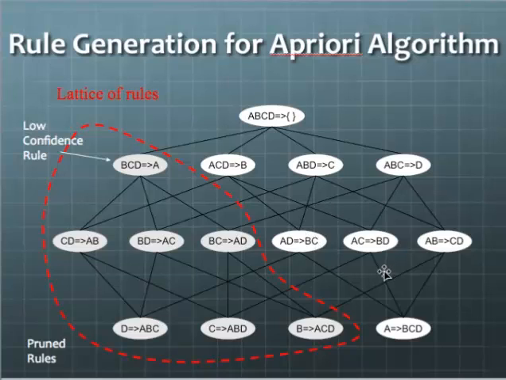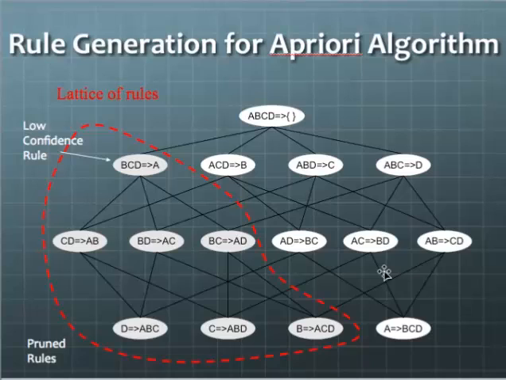This figure shows the lattice structure for the association rules generated from the frequent itemset A, B, C, and D. If any node in the lattice has low confidence, then the entire subgraph spanned by the node can be pruned immediately.